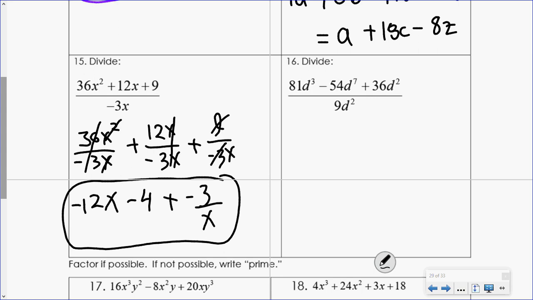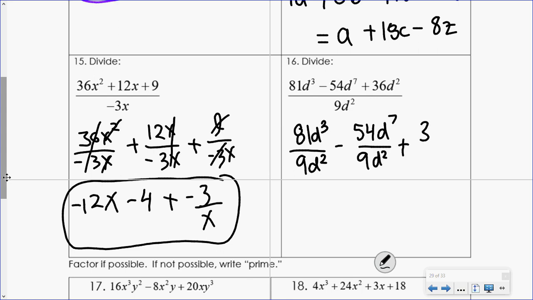Okay? Number 16, divide each term by that factor down there. So 9d cubed minus 54 d to the 7th plus 36d squared, divided by 9d squared.